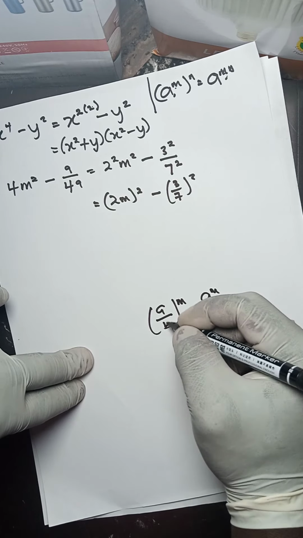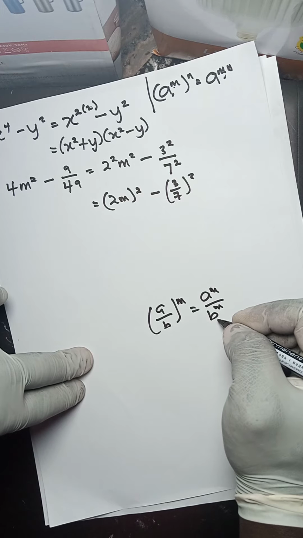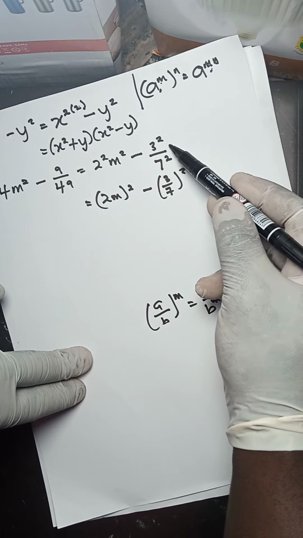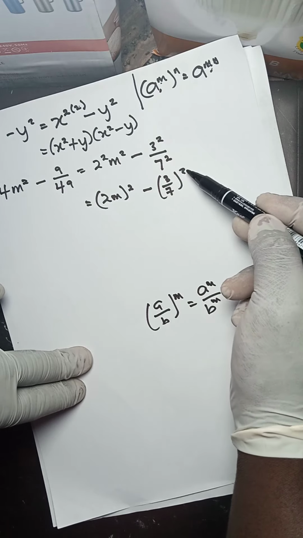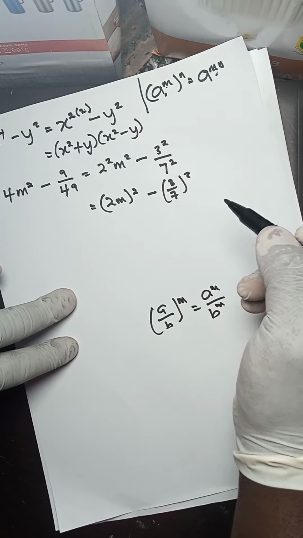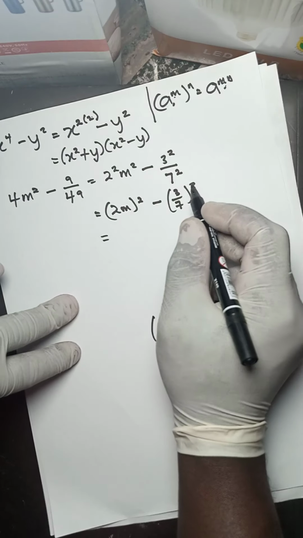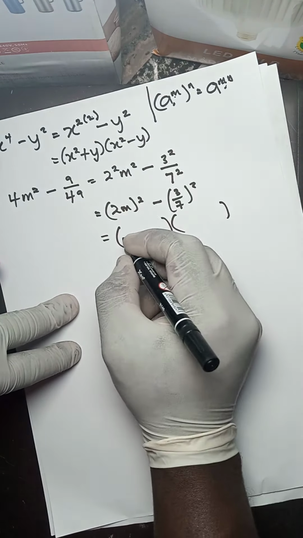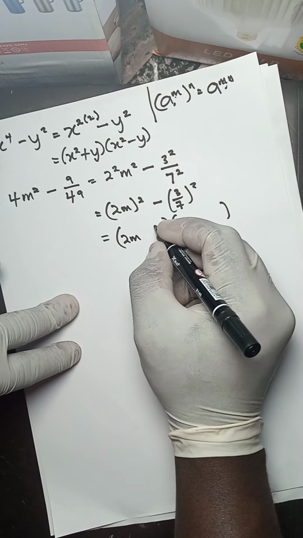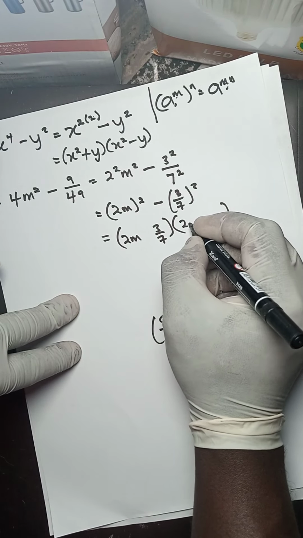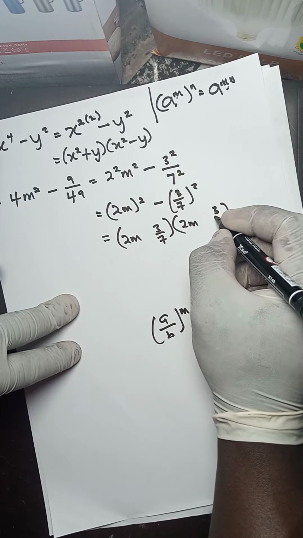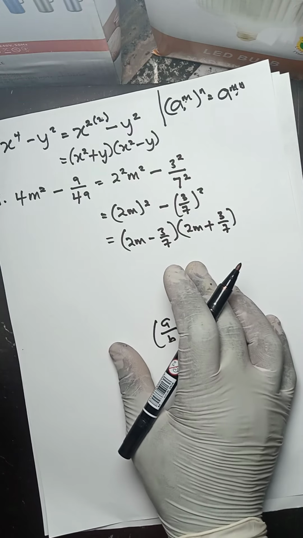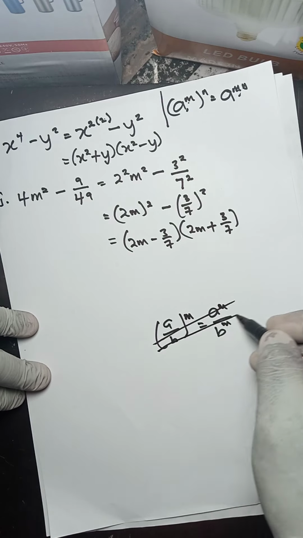So if we are saying this one is equal to this, then whenever you see this, you can rewrite it. So you can see that from here we can just give a common power to them, that's power 2. And now we have our two squares, so I'll open my two brackets. So we have 2m, 3 over 7, 2m, 3 over 7. So one will be plus and one will be minus. So I think we are through with some of the questions.